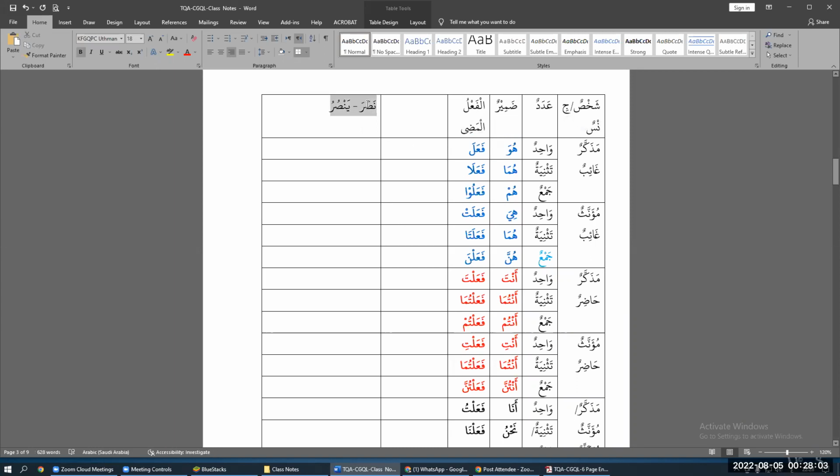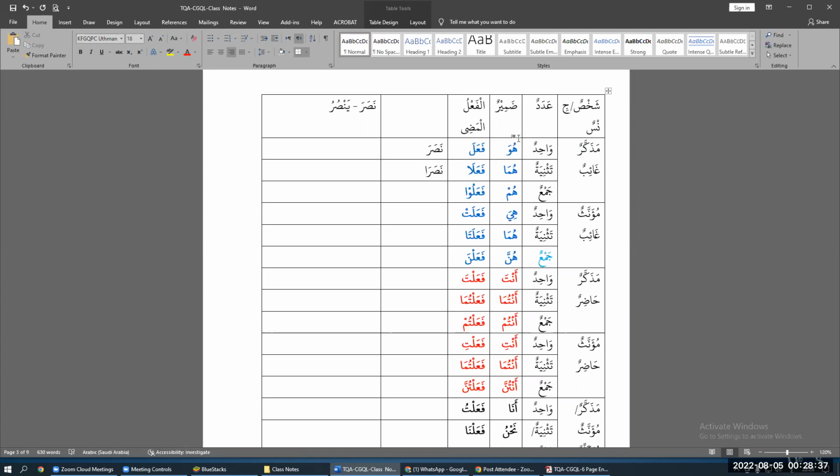We have nasara yansuru. Now, we will superimpose nasara on fa'ala. Put nasara here, meaning he helped. Now, fa'ala, he did. Nasara, he helped. Now, if 2 persons help, how will we change? See here, fa'ala, 1 did; fa'ala 2 did. So we will write here nasara.